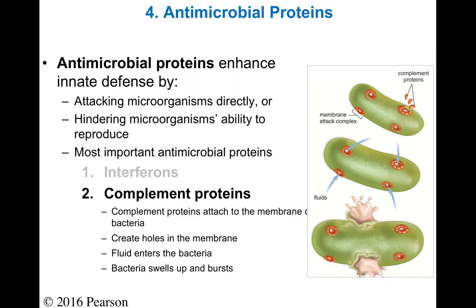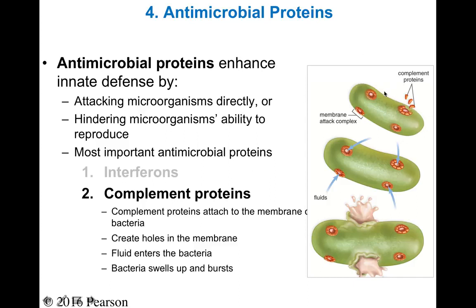Another cool mechanism your body uses at the second line of defense in the innate immunity is releasing antimicrobial proteins that help enhance your immune response. They also limit the microorganisms' ability to grow and reproduce. One of the most important of these antimicrobial proteins is called the complement protein, which you see in these orange structures.